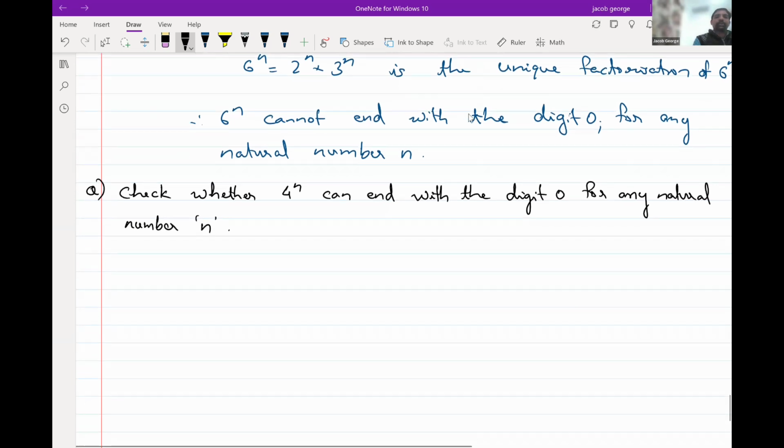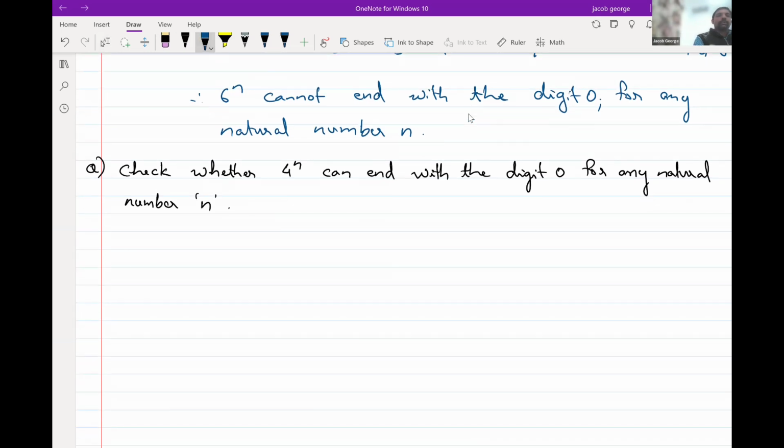Please write. Check whether 4 raised to n can end with the digit 0 for any natural number n. Can you try? Same way.